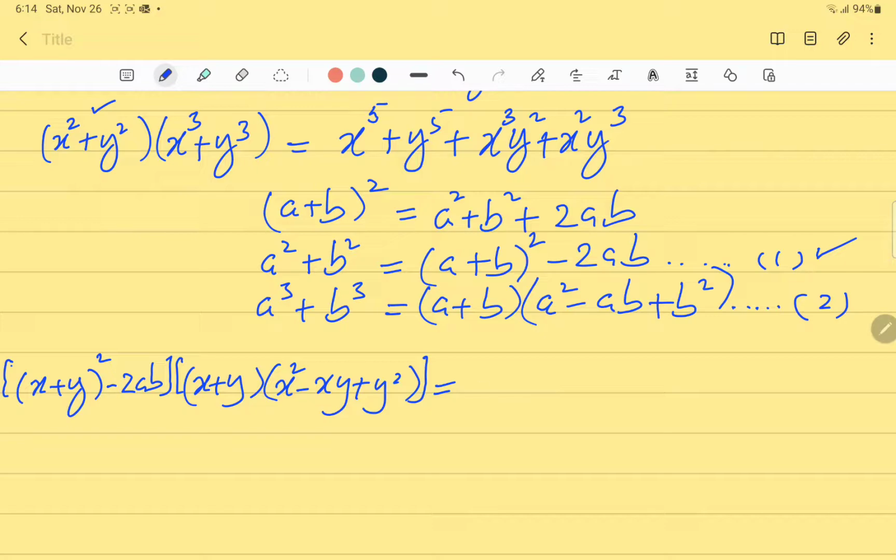On the right side we have x^5 plus y^5 plus, we will take x squared y squared common in the next two terms, so we will be left with (x plus y).